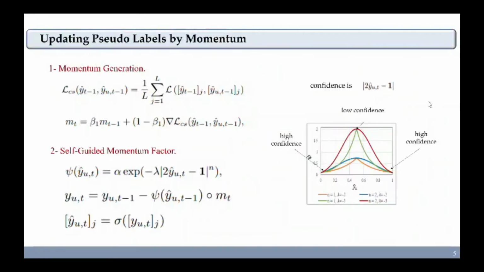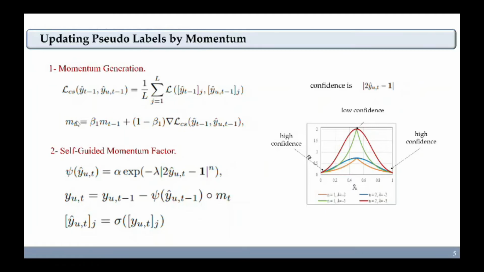I will start by talking about updating the pseudo label by the momentum. The momentum comes from the aggregation of the gradient of the loss function to find the right direction for updating the pseudo label vector.